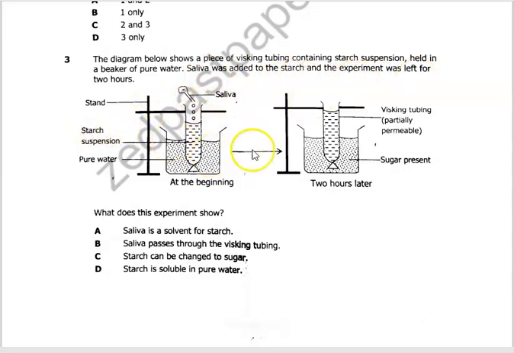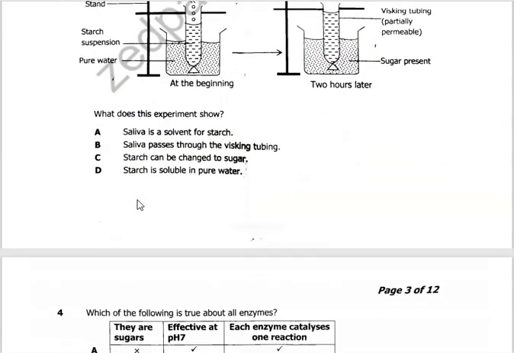We have the experiment here, and as you can see from the first part, saliva was added at the beginning, and at the end we see some other changes that have happened, because from this tube we see things rising up. Now the question is, what does this experiment show?